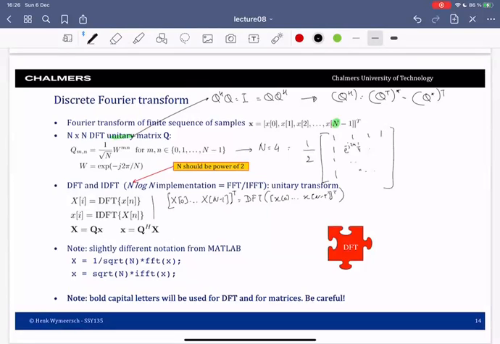And the same for the IDFT, because the DFT and IDFT operate on vectors, not on individual scalars. So this is the notation from the book. It's a bit confusing. What it really means is this.